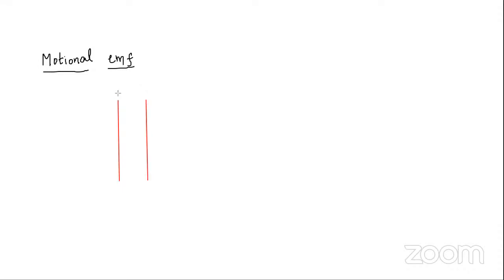That's why I am considering this as a cylinder. The cross section of this rod looks like a cylinder. So this is the rod, and this rod is actually moving in this direction.